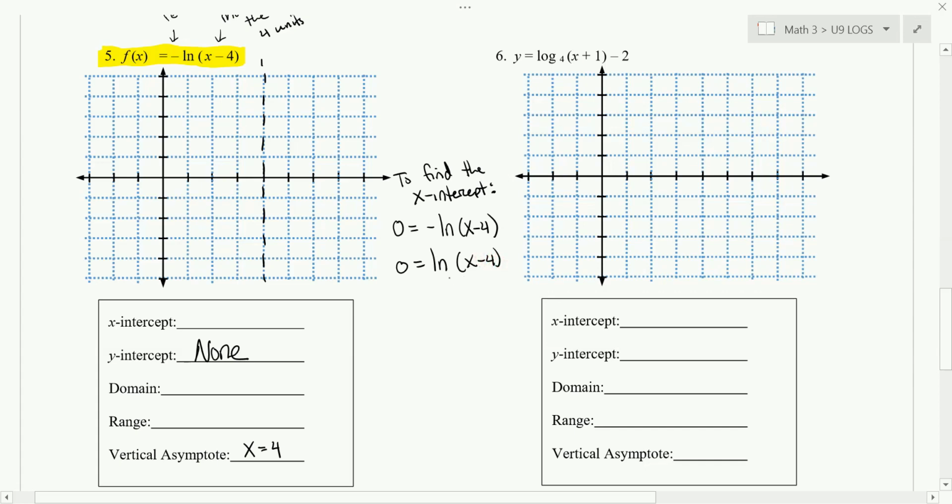Remember, natural log is a log with base e, so this is saying e to the power 0 is equal to x minus 4. E to the power 0 is 1. And then we add 4 to both sides. And so we have an x-intercept at (5, 0).